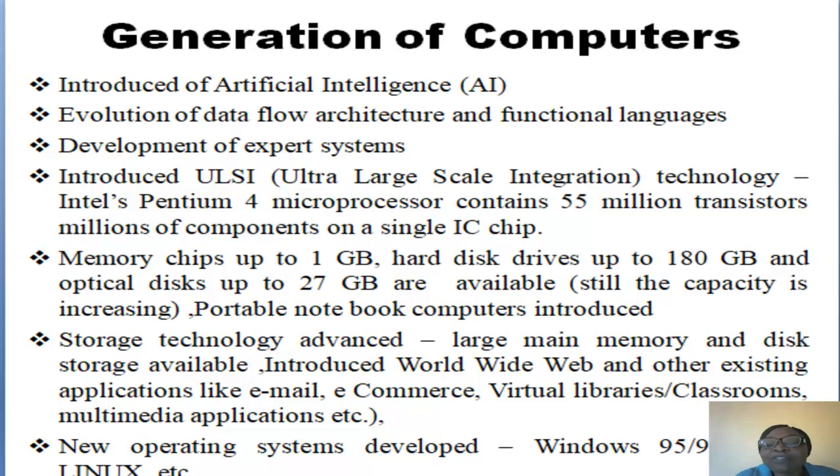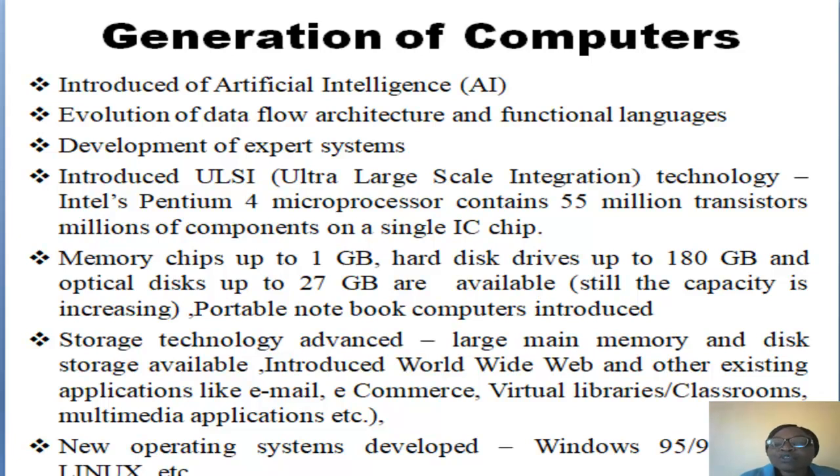The Intel Pentium 4 processor contains 55 million transistors, millions of components on a single IC chip. There are memory chips up to 1 gigabyte, hard disk drives up to 180 gigabytes, and even more. There is storage technology advancement, large main memory and disk, all the storage devices you now make use of.